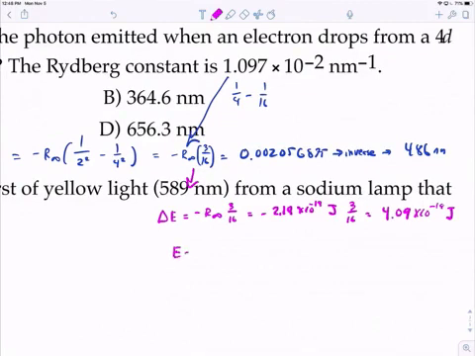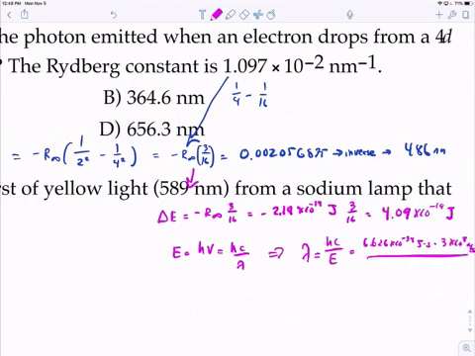So energy is h nu is hc over lambda, which implies wavelength is hc over E. 6.626 times 10 to the minus 34 joule seconds times 3 times 10 to the 8th meters per second, all over 4.09 times 10 to the minus 19 joules. So I can do it this way.